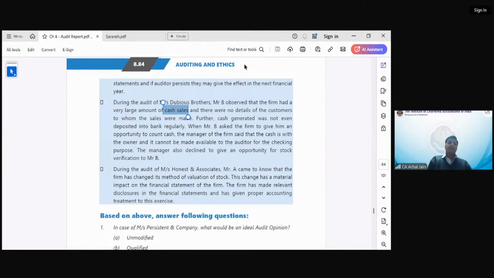See, at one place, the question says cash sales are quite significant. Very large amount of cash sales have been made. And at the other place it says that this cash is available with the owner. So this puts a question mark. Yes or no? Whether the cash is appropriately recorded or not.